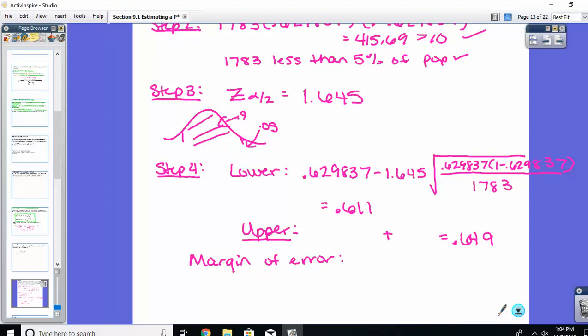So you could subtract them and divide by 2. You could look at your p, so this, and subtract one of those. We should get the same. You would either do 0.649 minus your p, or your p minus 0.611. It should be the same number both times. So if I do that, and I kept a lot of decimal places on my original p.